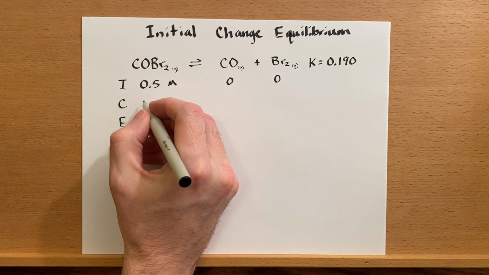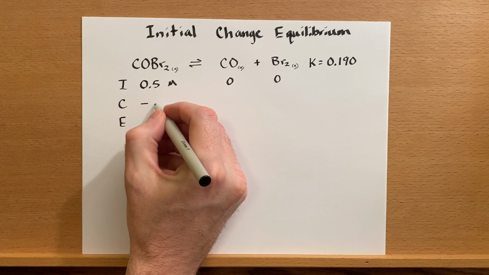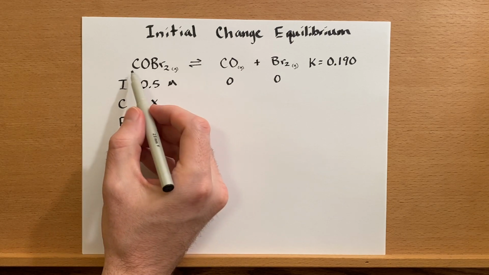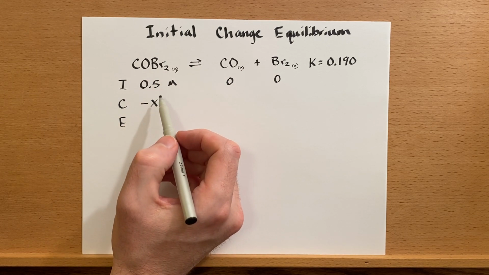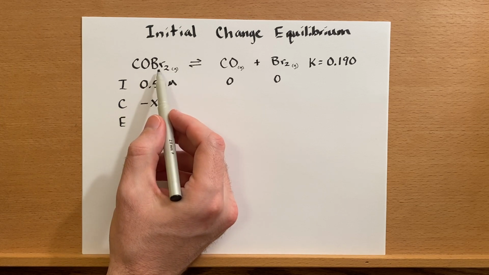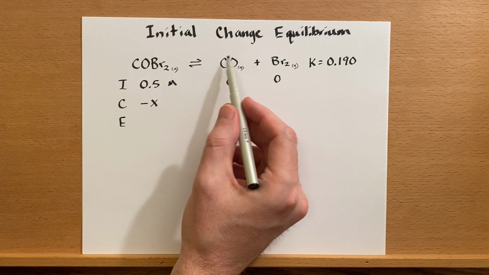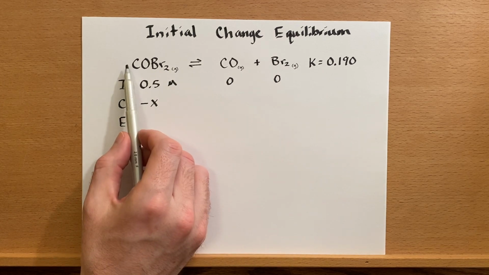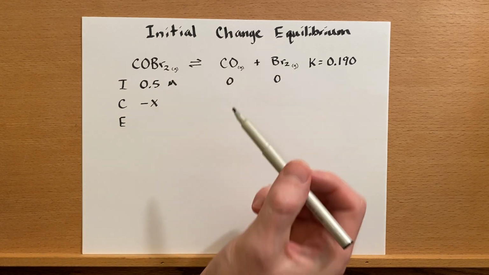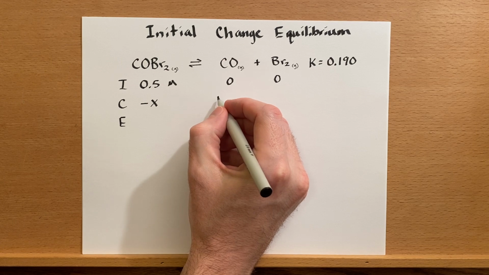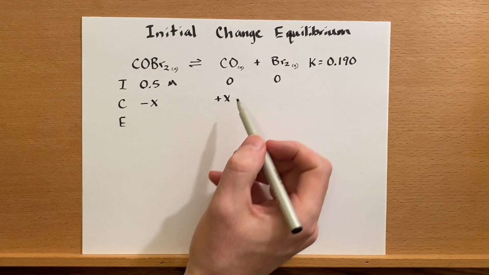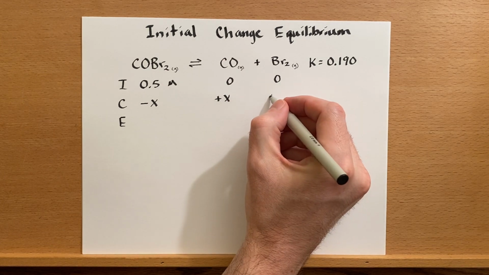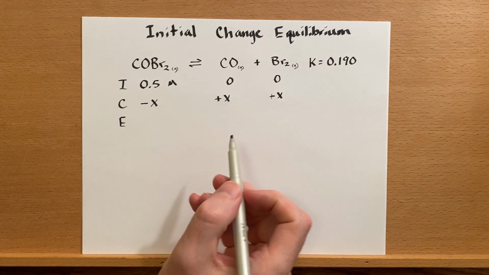So let's say we use up X amount of COBr2. Now, if we use up X amount of COBr2, we'll make X amount of CO because our balanced chemical equation is 1 to 1 to 1. So we would just write plus X over here and also plus X there.